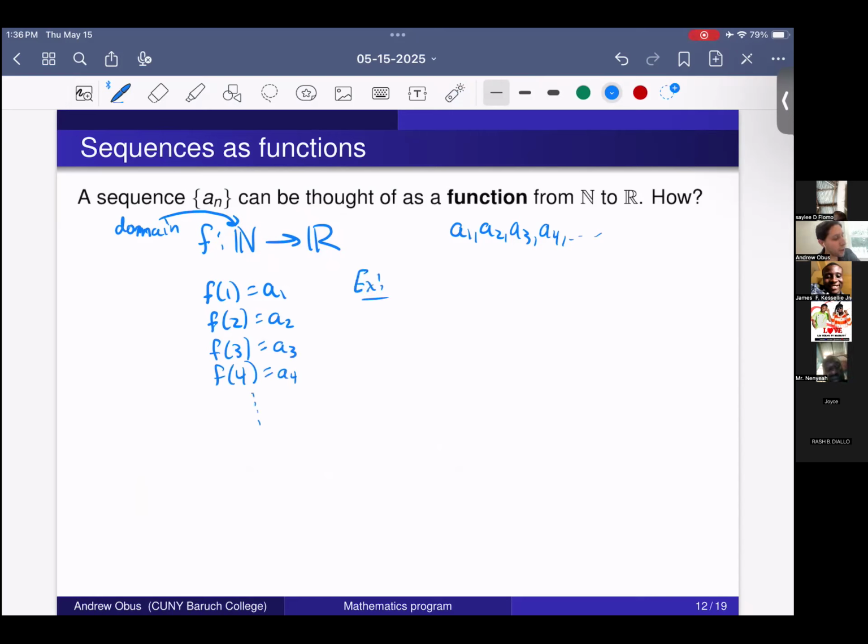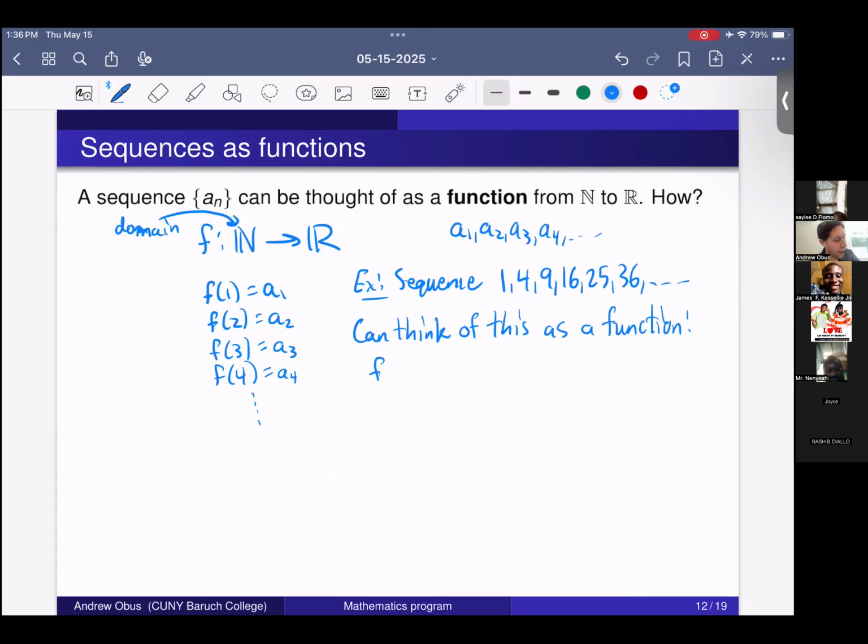So for example, if I have a sequence that's given by the square numbers, so let's say my sequence is 1, 4, 9, 16, 25, 36, and so on, then we can think of this as a function where we have f of 1 equals 1, f of 2 equals 4, f of 3 equals 9, f of 4 equals 16, and so on.